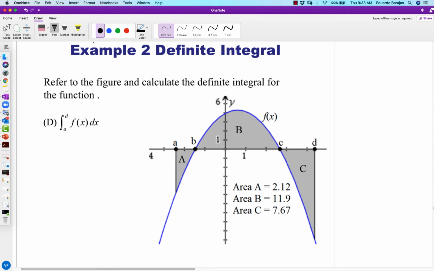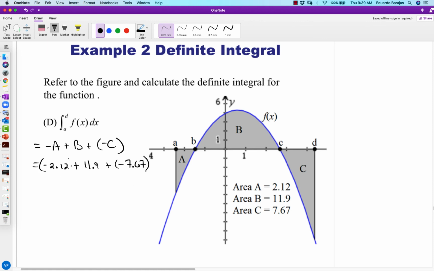Okay, so now the integral from a to d of f of x dx, well, that's going to involve the entire image. So here's a all the way out to d. So this is going to be equal to minus a plus b plus negative c, or minus c. This will then be negative 2.12 plus positive 11.9 plus negative 7.67.